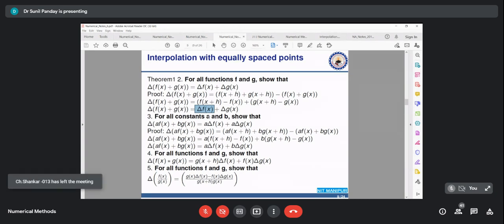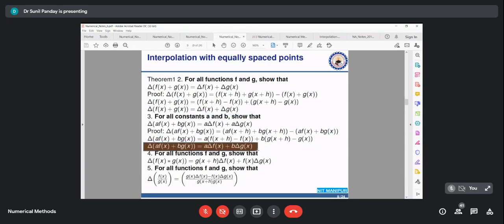Similarly, if you have two constants a and b, then delta of a f of x plus b g of x is equal to a into first forward of f of x plus b delta g of x. The proof is simple.